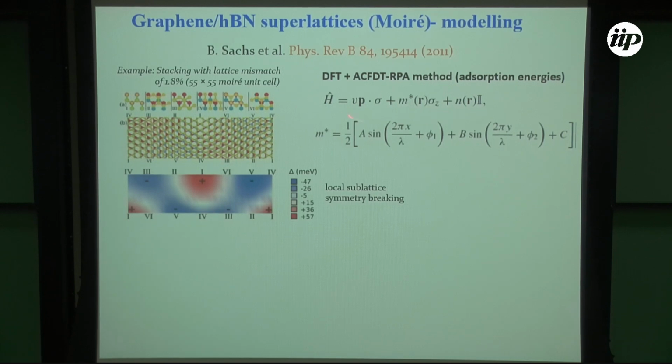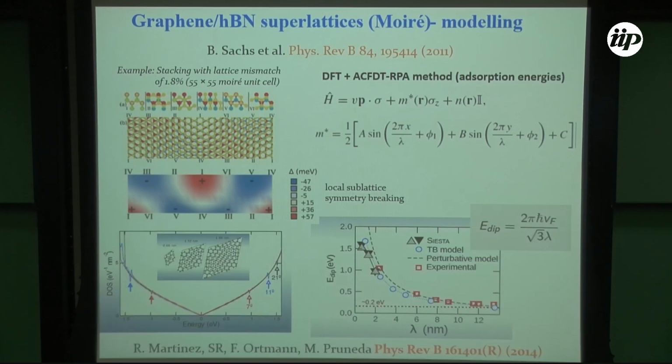So they even have a simple model then to describe the electronic structure, which introduces a spatially dependent mass term that you have to introduce to take into account this inhomogeneity of the gap. Okay. So there is a way really to describe based on this model.